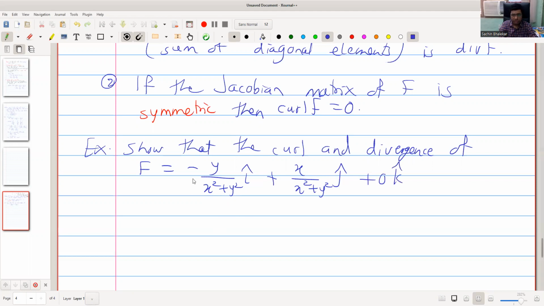So the curl and divergence of this F is 0. Let us see.